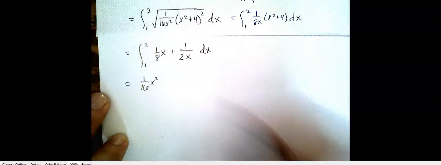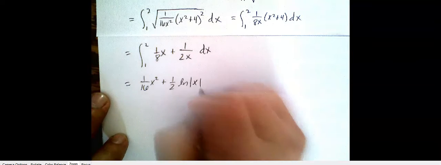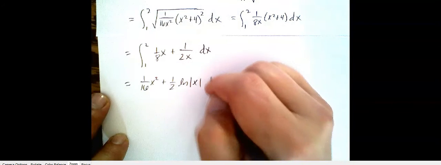Anti-differentiating will give us 1/16 x squared plus 1/2 the natural log of absolute x from 1 to 2.